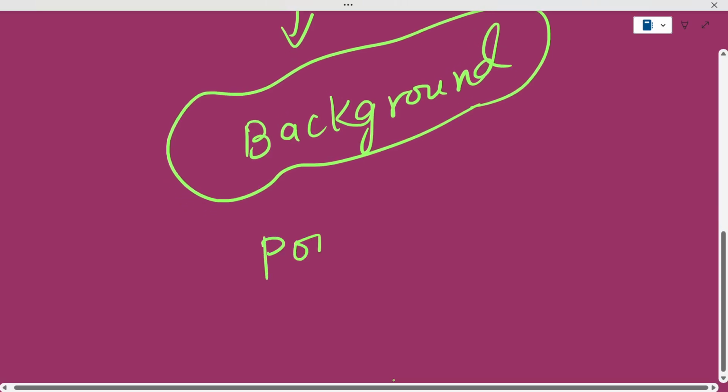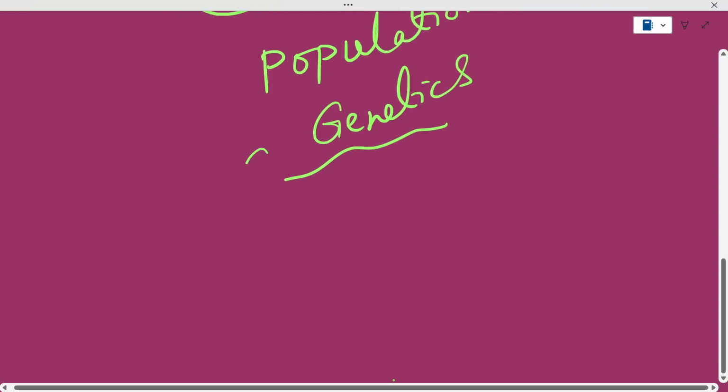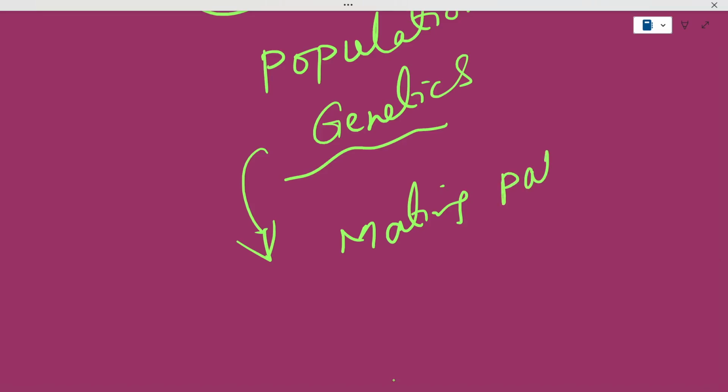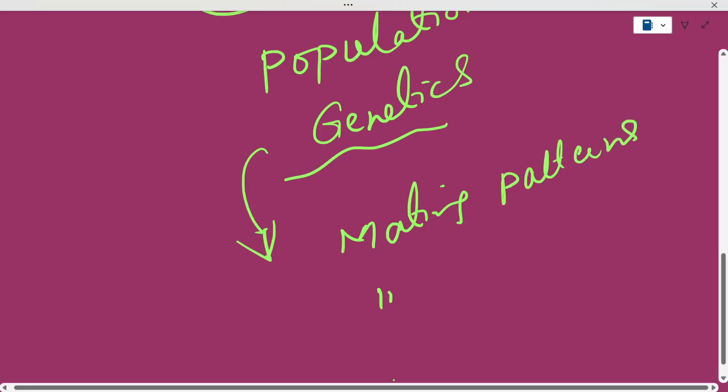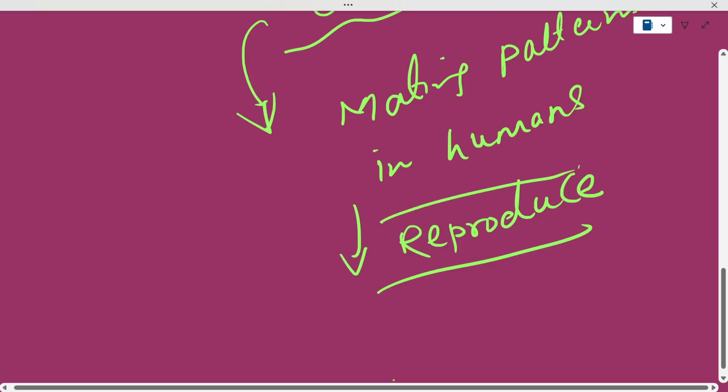So this topic comes under population genetics, and right now via this topic we are talking about mating pattern in humans. Mating pattern in humans, how they mate, and we study this because it is mating, which is also known as reproduction.